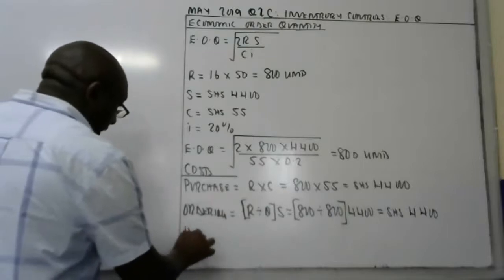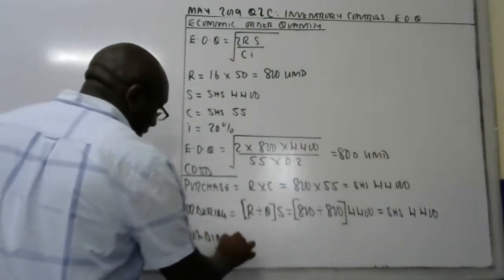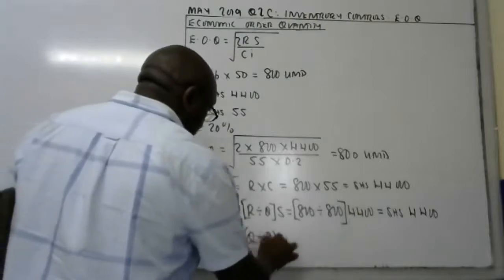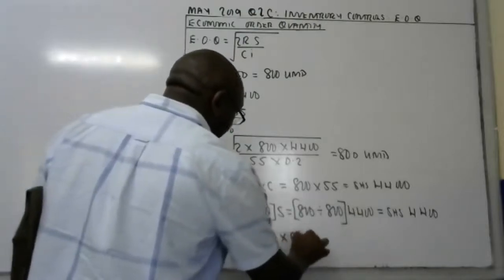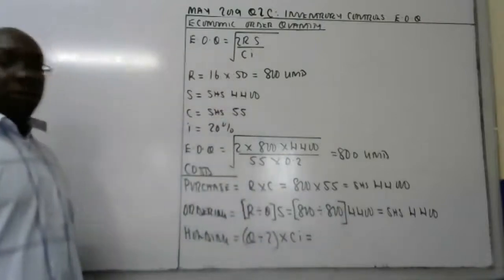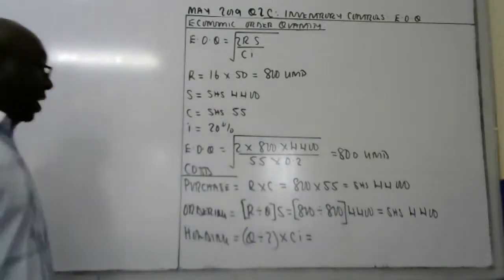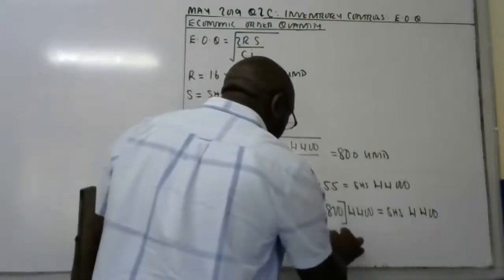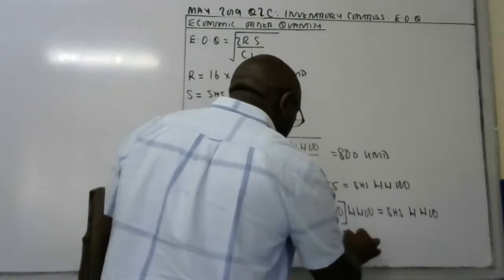Then you come and get the holding. Now holding is Q divided by 2, multiplied by CI. So Q is 800, you divide it by 2.